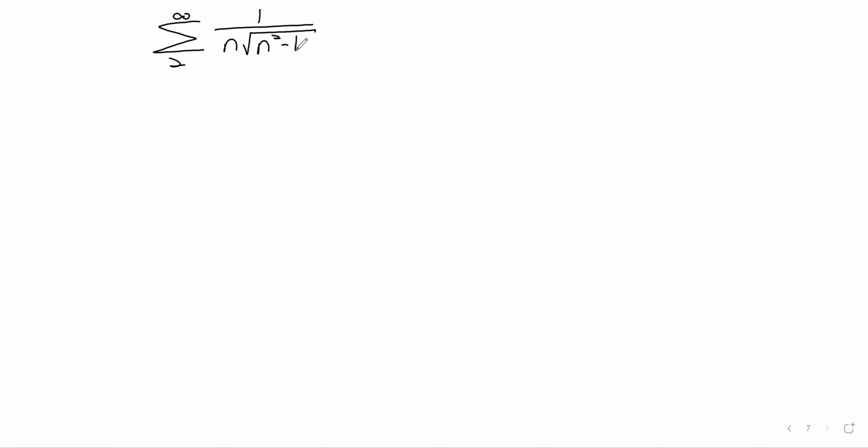And put a 2 there. We can't start at 1. If we started at 1, we'd get the division by 0 error. So that's the only thing that 2 is doing. Well, what do we think? We've done a few problems like this by now.